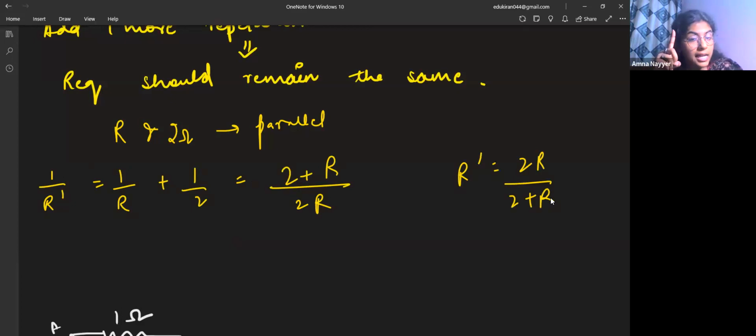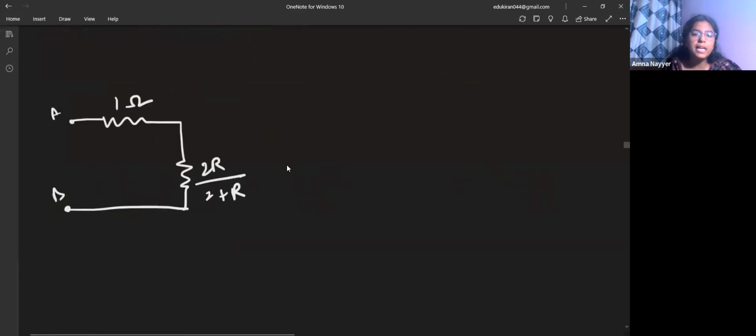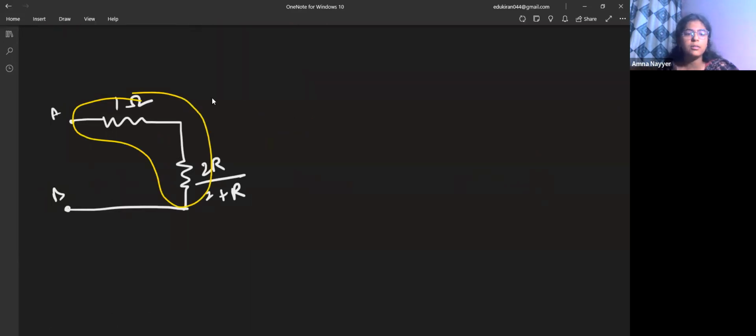And 1 ohm is still left. R and 2 are connected in parallel, but this 1 ohm was also left, so that is in series with the resultant. Why? See, if you replace the R and 2 ohm resistors with this new resistance which we have obtained, this and this will be in series combination. So what is your R equivalent?